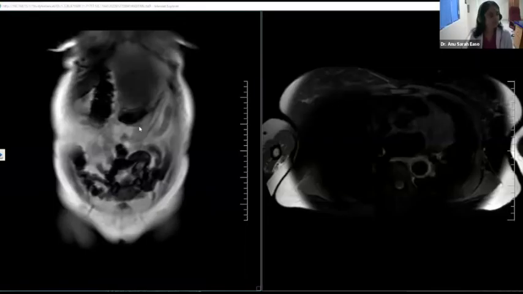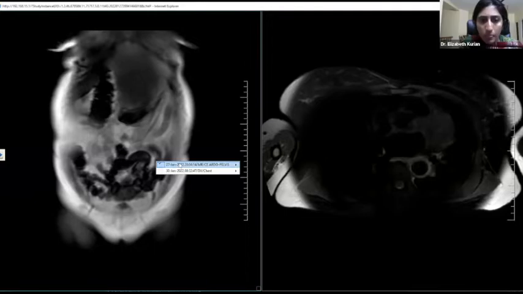Next case is a 61-year-old lady who came with abdominal pain, and an MRI was done. I'll share the MRI images. Can you see?